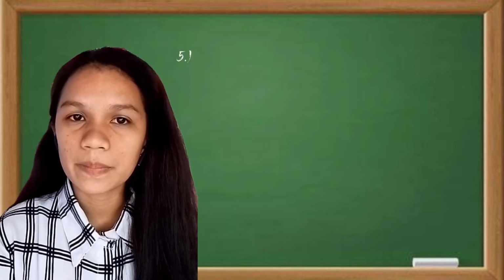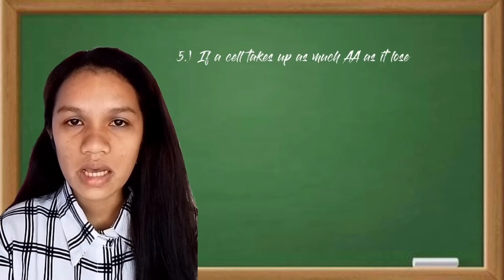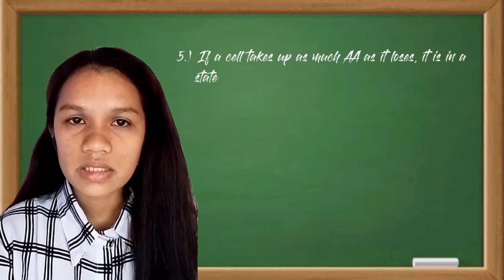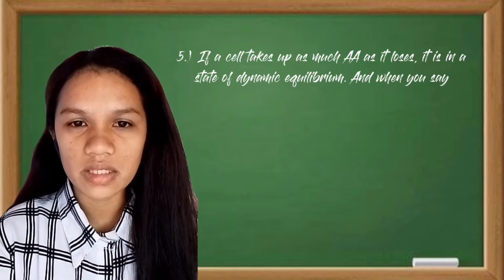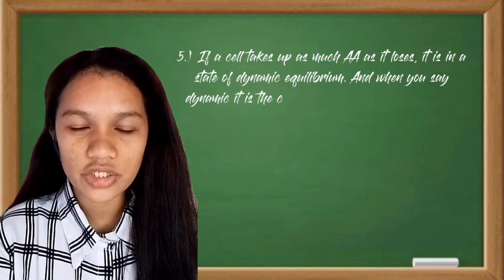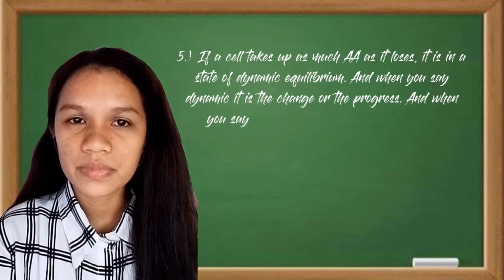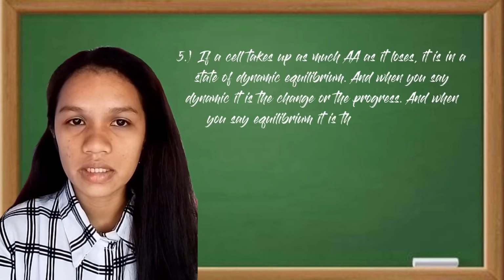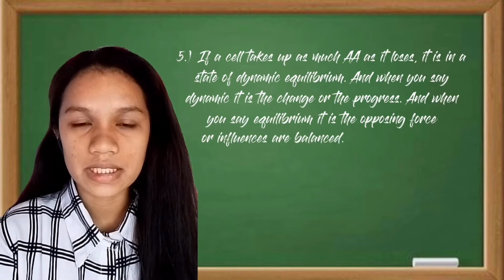And number 5. If a cell takes up as much amino acid as it loses, it is in a state of dynamic equilibrium. When you say dynamic, it is the change or the progress. And when you say equilibrium, it is when opposing forces or influences are balanced.